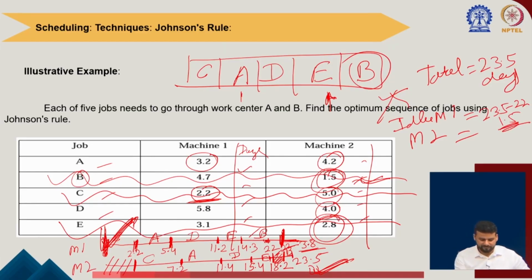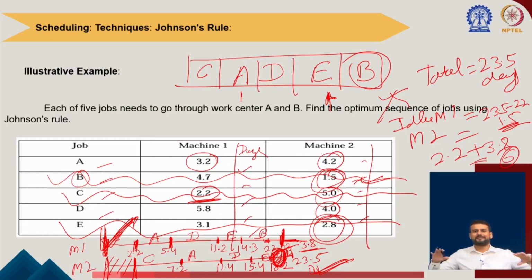Machine 2 idle time: initially 0 to 2.2 machine 2 did not work, because we were waiting for the first job to be finished on machine 1, and then in between we waited for this 3.8 time period. So total, machine 2 was idle for 6 days.